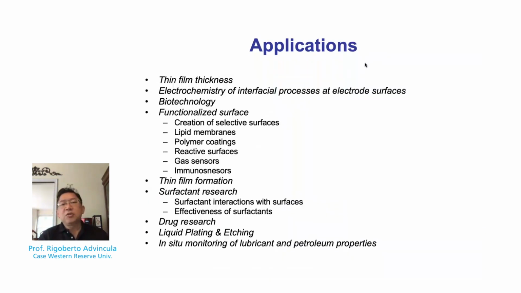In the area of functionalization, whether it be desorption or adsorption, QCM can be used to look at the creation of lipid bilayers, polymer coatings, reactions on surfaces, and other types of sensing applications on a functionalized surface.